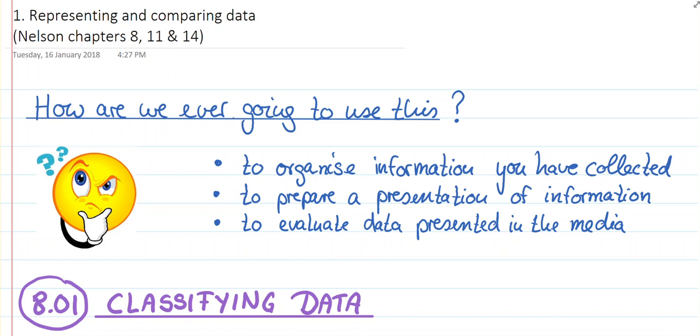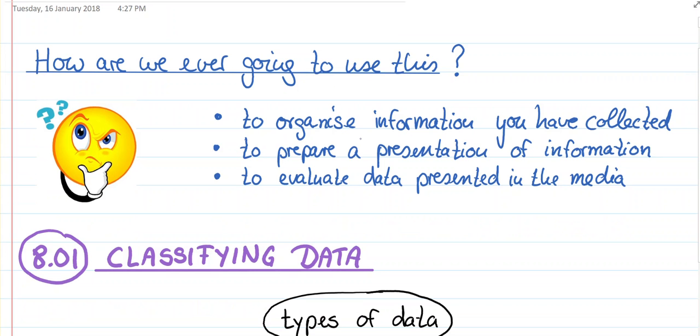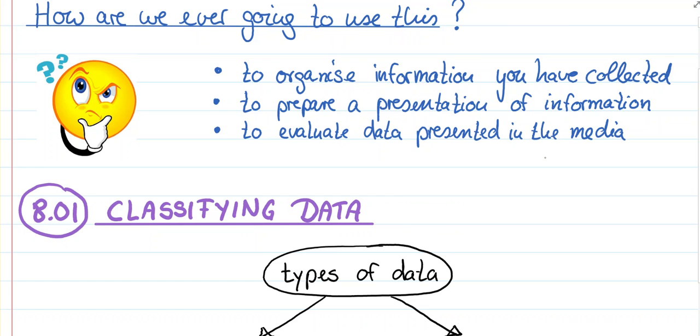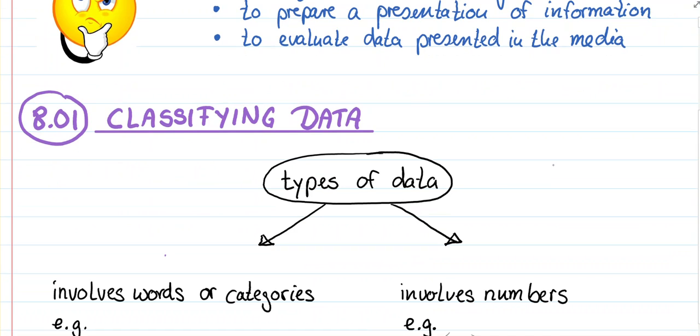This is a task which you are also going to do in your assignment this semester. And depending on the kind of question you ask, we could classify data differently into two kinds of data. If you ask a question and your estimated outcome would involve words or categories, we refer to that kind of data as categorical data.